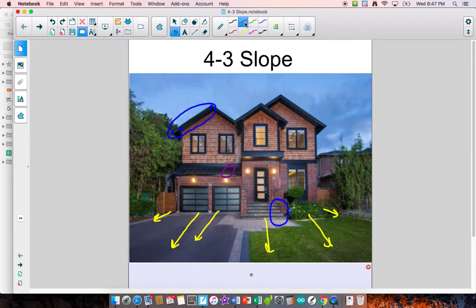And I've got one more here. If you thought of something that wasn't on here, I'm going to be pretty impressed. I think I've got most of them. The other one is potentially in your gutters. Okay, gutters need to be slanted. Now, in the second house back here, there are gutters that are running away. When water runs off the roof, you want to have it at a certain pitch.